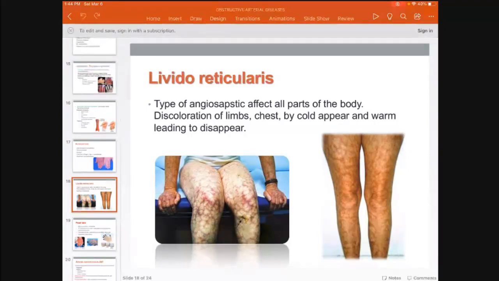Acrocyanosis only affects the limbs; livedo reticularis affects all parts of the body.